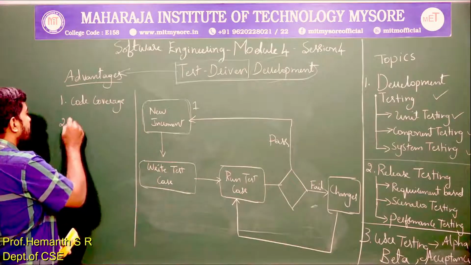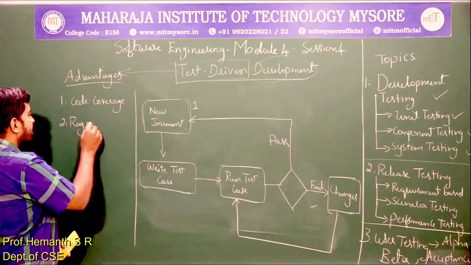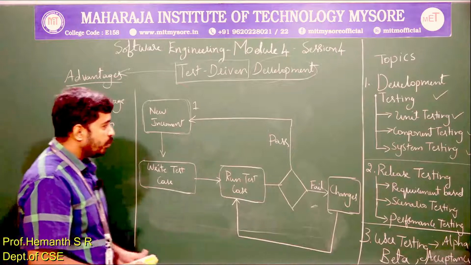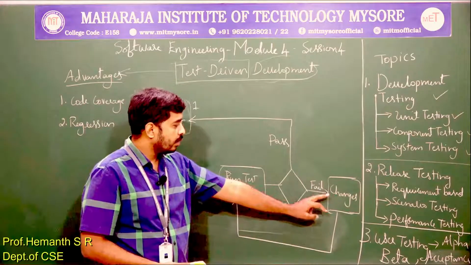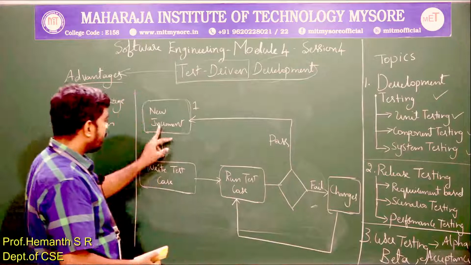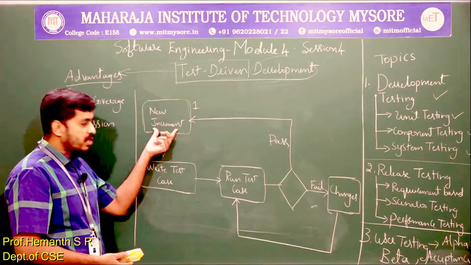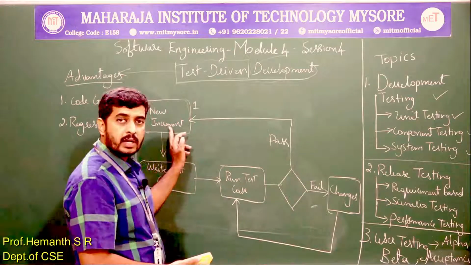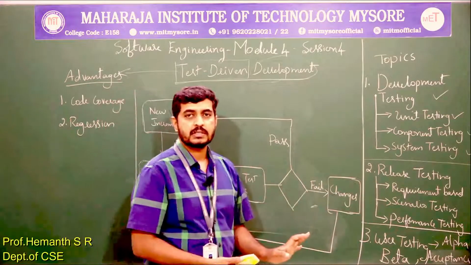The second one is what we call regression testing. What is regression? See, you made a change to the functionality, to the increment, because of a failure.